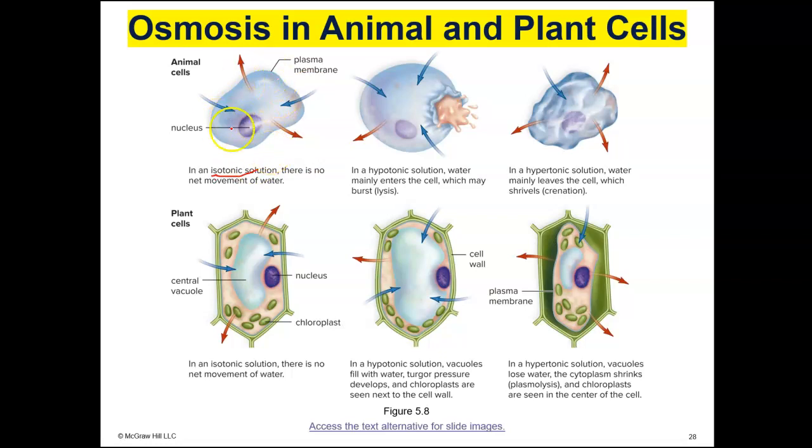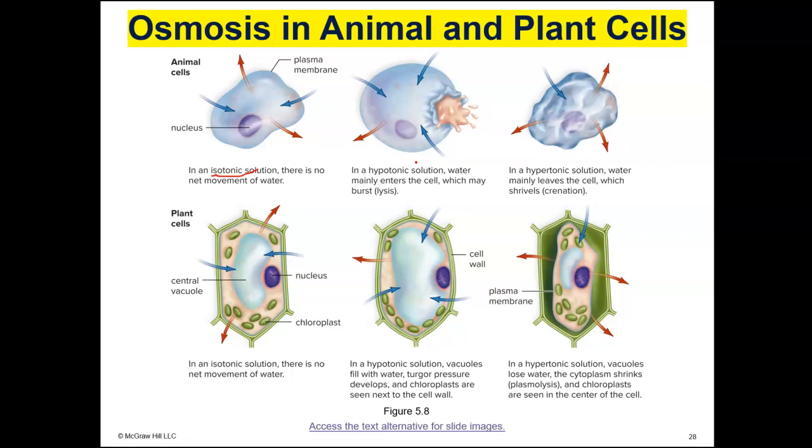So the size of the cell is not going to change. But if the cell is placed in a hypotonic solution, like distilled water, with a lower solute concentration than what's in the cell, then water is going to move into the cell and cause it to swell and possibly burst or lyse. Okay?